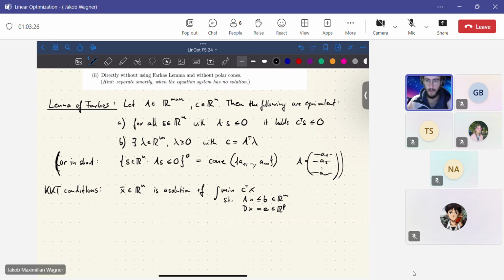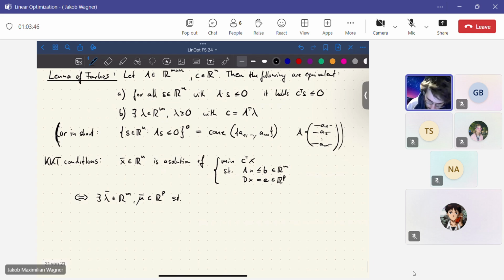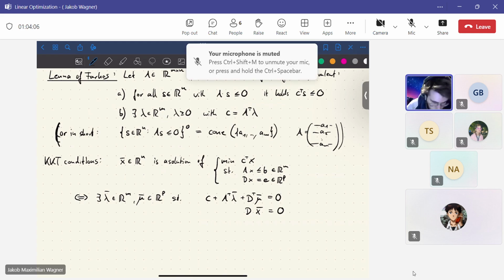Then this property that x bar solves this minimization problem is equivalent to the fact that we have some Lagrange multipliers, called lambda bar that lives in R^m and mu bar that lives in R^p, such that we have the following system of equations. So we have that the objective vector C plus A transpose lambda bar plus D transpose mu bar is equal to 0. We have D x bar is also equal to 0.